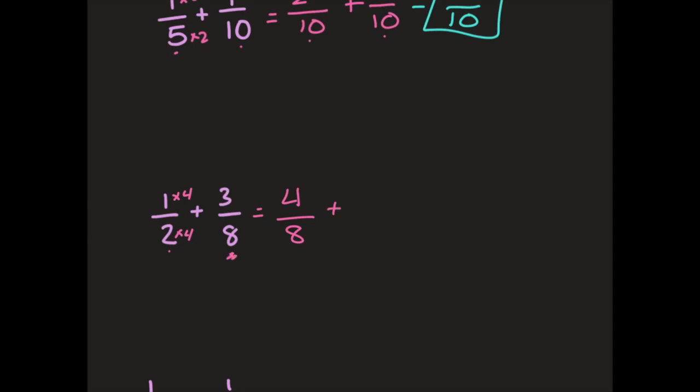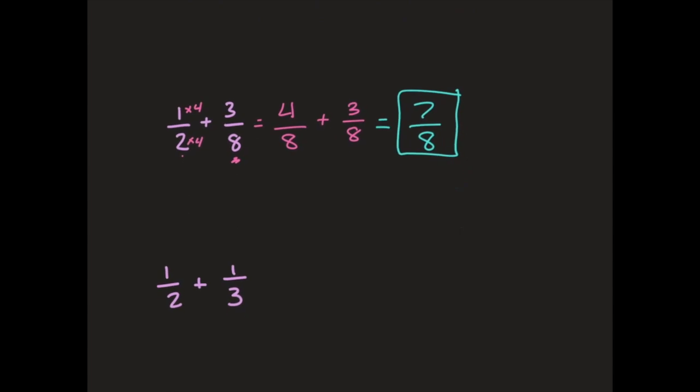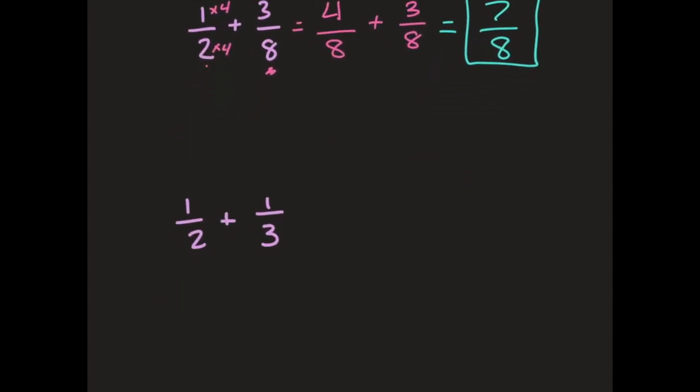My number with the 8 is going to stay the same because I'm not changing that denominator. Now I have 8s, that's the size of my piece, and I have 4 plus 3, that's going to equal 7. So I have 7 of those 8s. 7/8 is my answer.